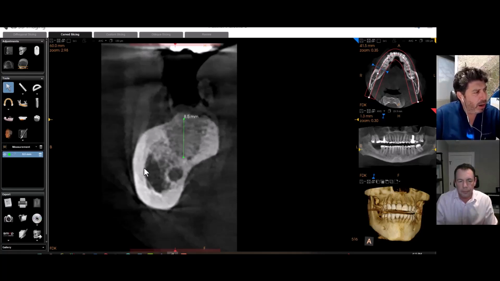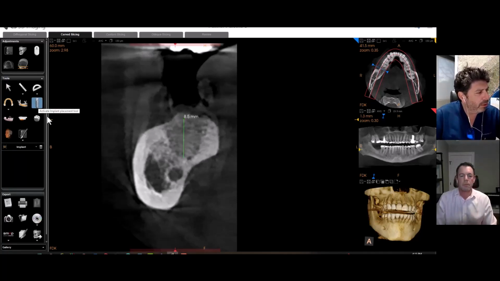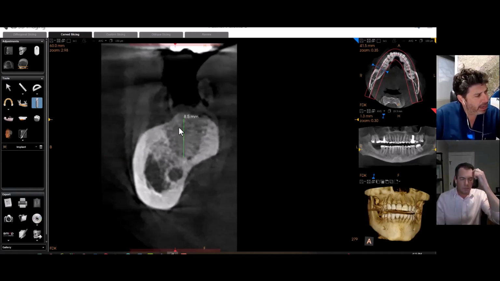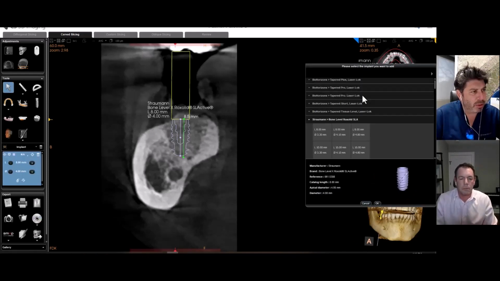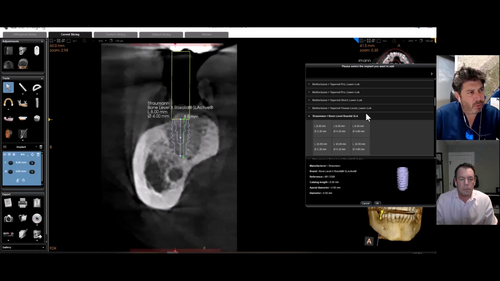In a lower molar, I want to use at least a 4.1 millimeter implant, ideally even wider, so 4.8 millimeters in my hands and with the system that I use. If I go to 10, I'll be right on top of the nerve. We all know that you want to stay about 2 millimeters north of the nerve. That's textbook.